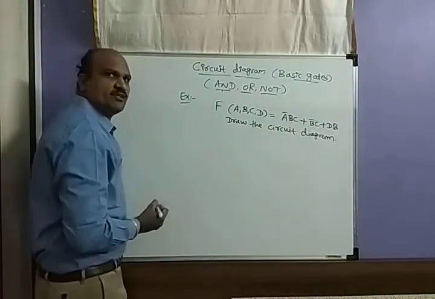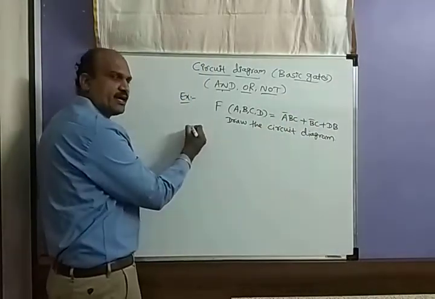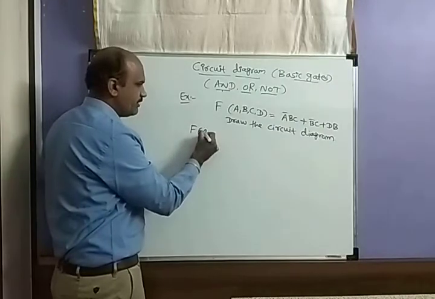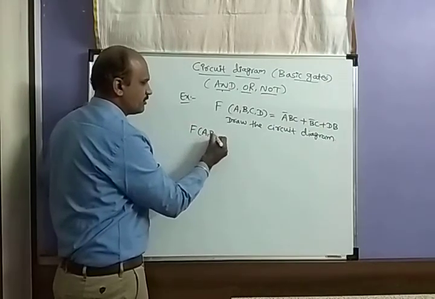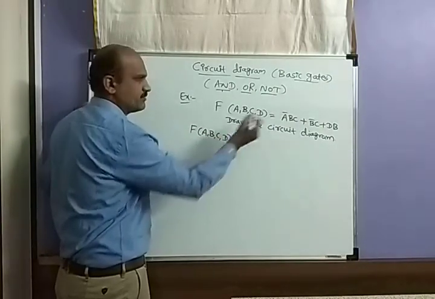As I told you, you should write it as f of a, b, c, d, because 4 variables are given.